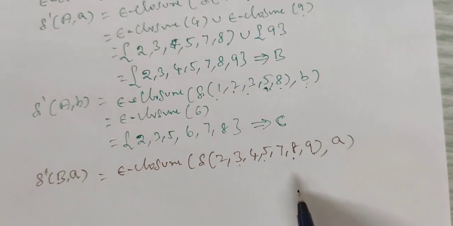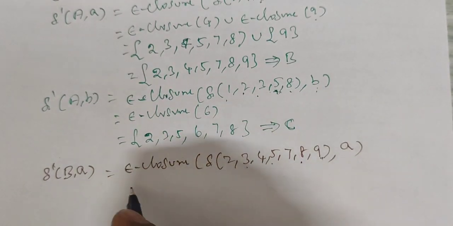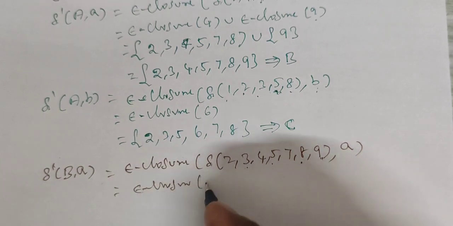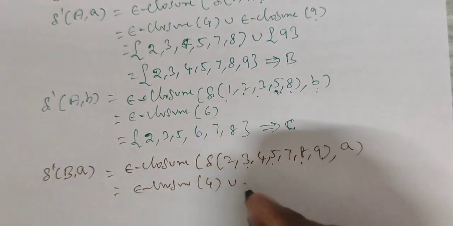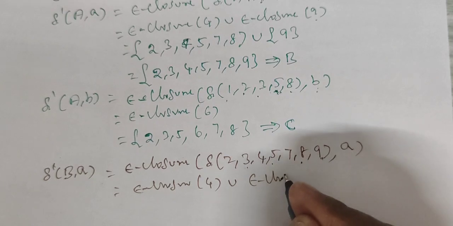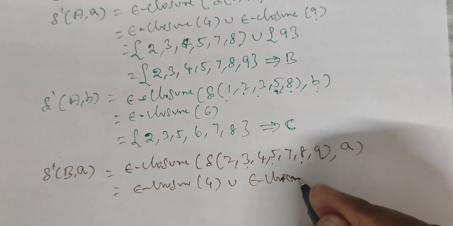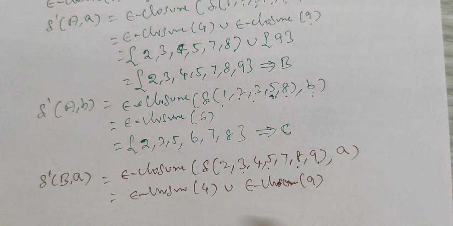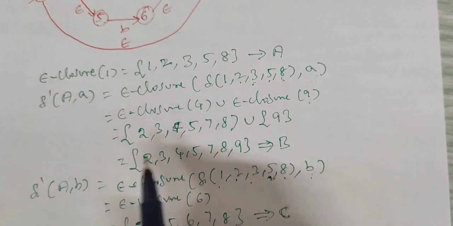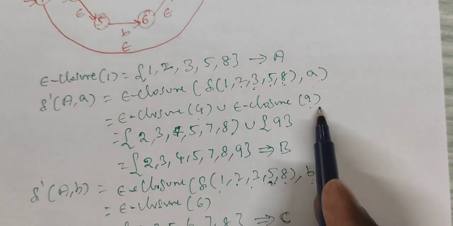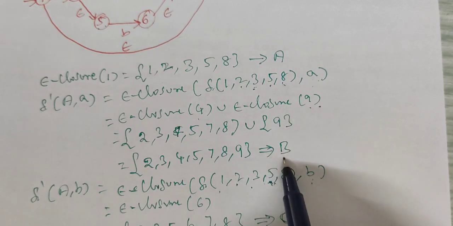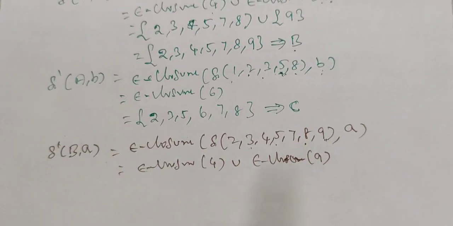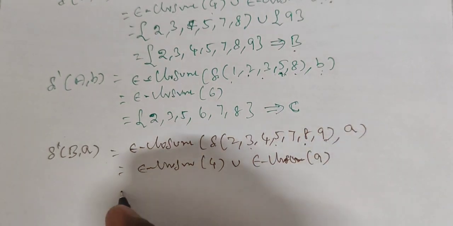So the answer here is, we have only two possibilities, that is epsilon closure of 4 union epsilon closure of 9. Okay. Now we have a similar output here. So in earlier cases we have found epsilon closure for 4 and 9. So epsilon closure for 4 and 9 is equivalent to B now. So there is no need to recompute it. We will again get the same answer. So now we just make it B.